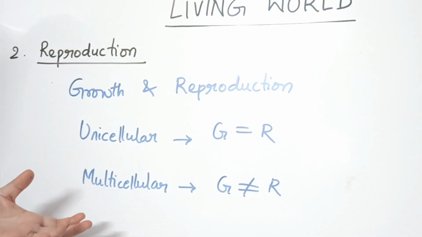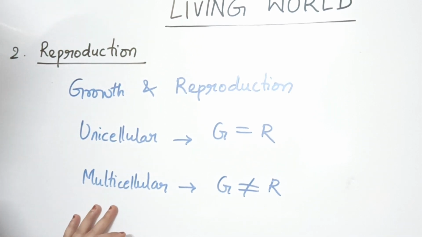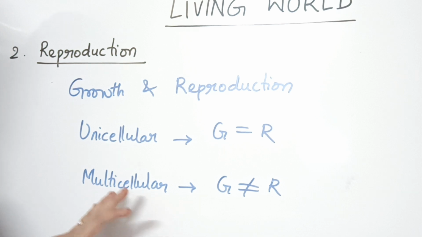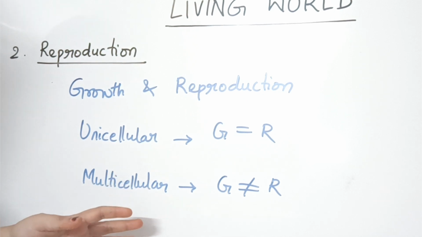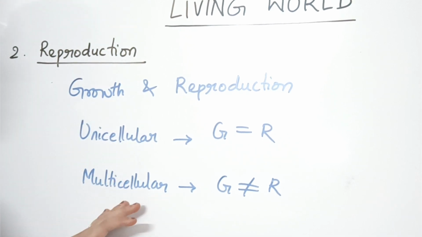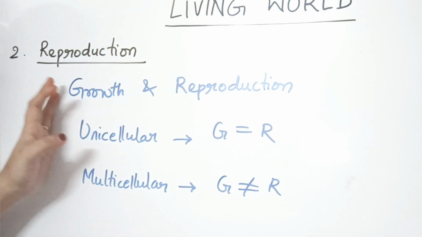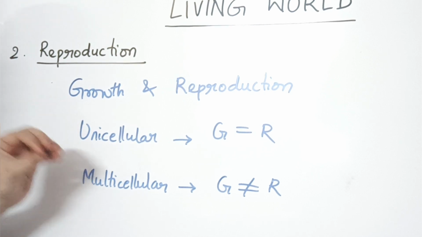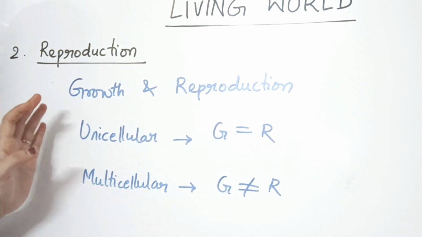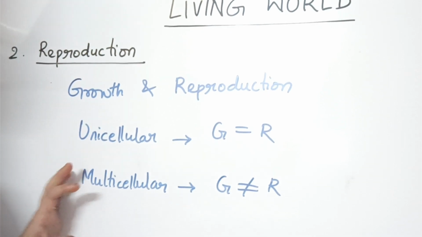Whereas in case of multicellular organisms, growth and reproduction are mutually exclusive events. Clear? That means they are totally different phenomena. Two different phenomena are occurring in multicellular organisms. So growth and reproduction are two different phenomena in living organisms when we compare unicellular and multicellular organisms.